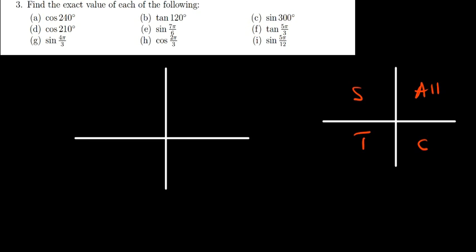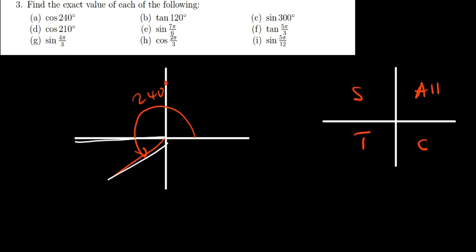Now let's go there. 240 is in the third quadrant, meaning that from this point all the way to that point, it is 240. But my goal is to find the reference angle. The reference angle is the angle found between the point of interest and the x-axis.